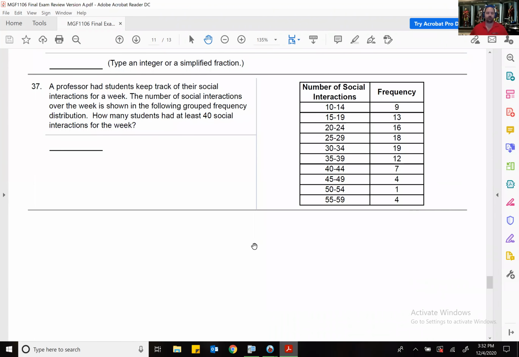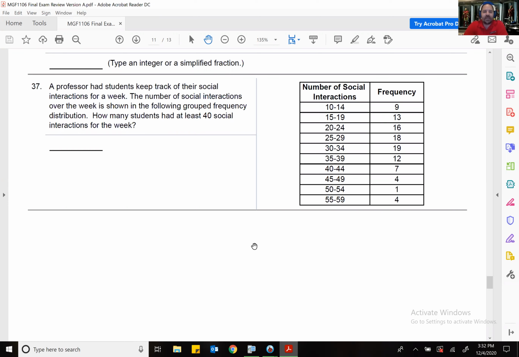Now we are on to chapter 12, our final chapter, number 37. It says a professor had students keep track of their social interactions for a week. The number of social interactions over the week is shown by the following grouped frequency.